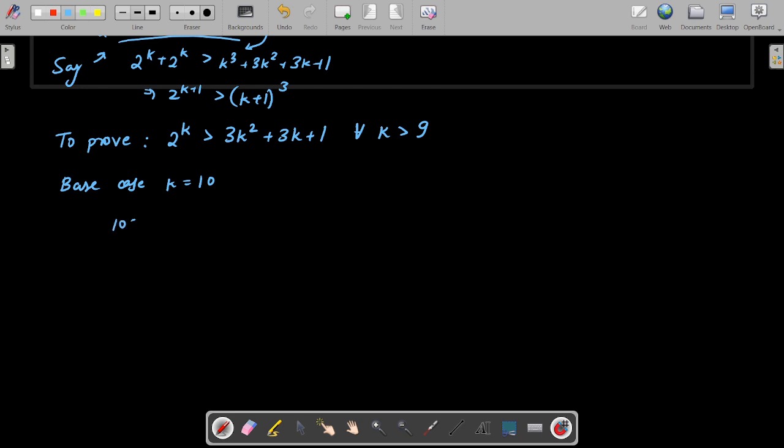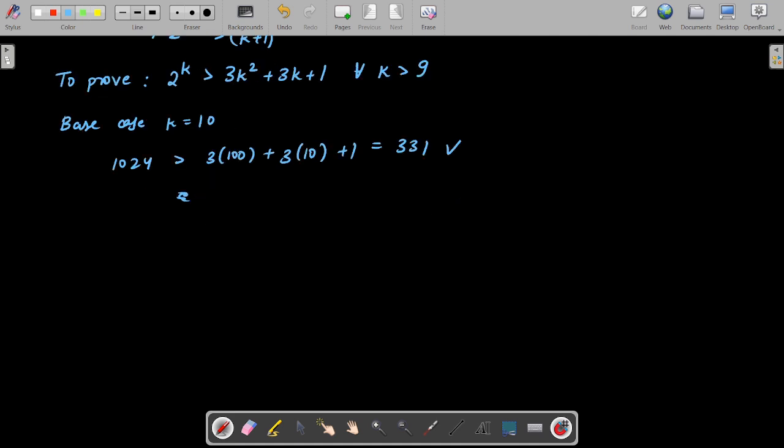So we have 1024 must be greater than 3 into 100 plus 3 into 10 plus 1, which is equal to 331. So this satisfies it, right?